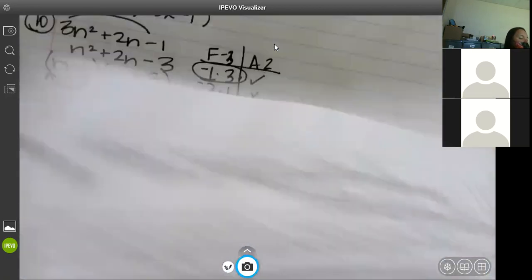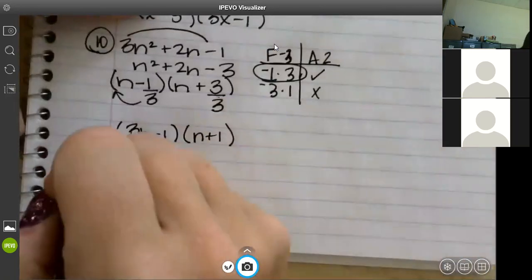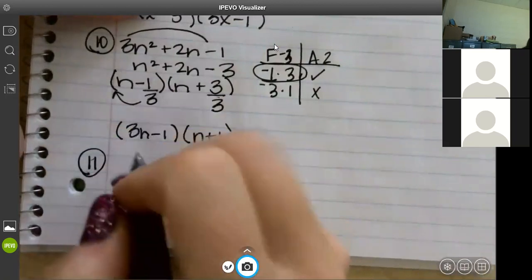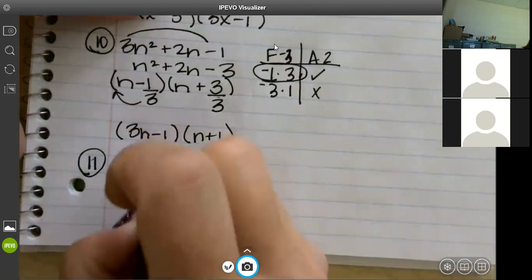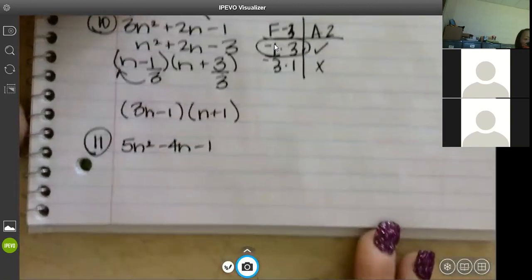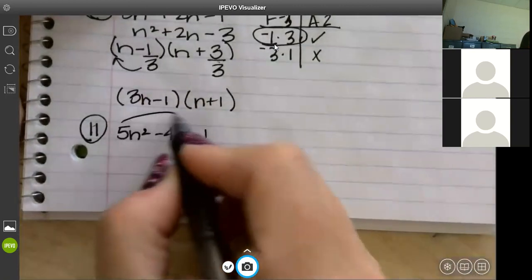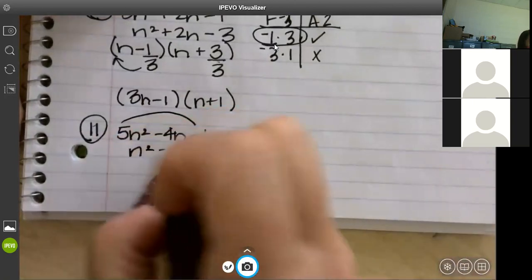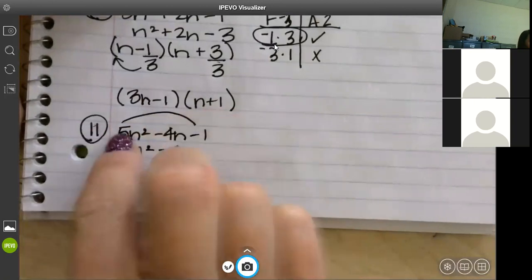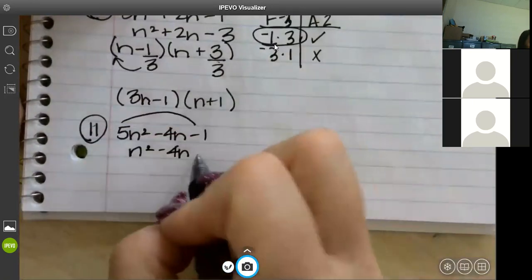And then the last one, number 11, 5n squared minus 4n minus 1. Slide the 5 over. We get n squared minus 4n. 5 times negative 1 is negative 5.